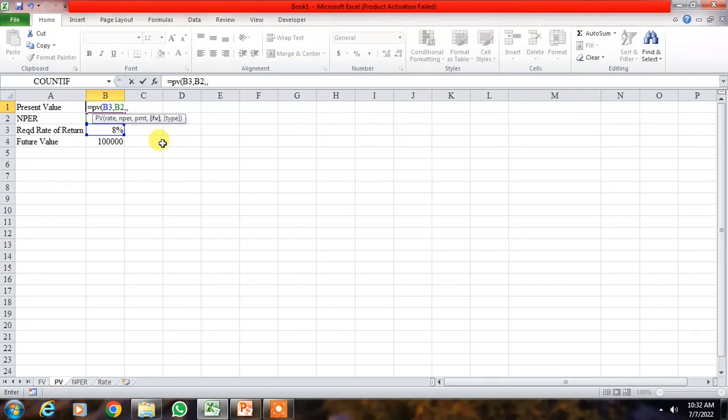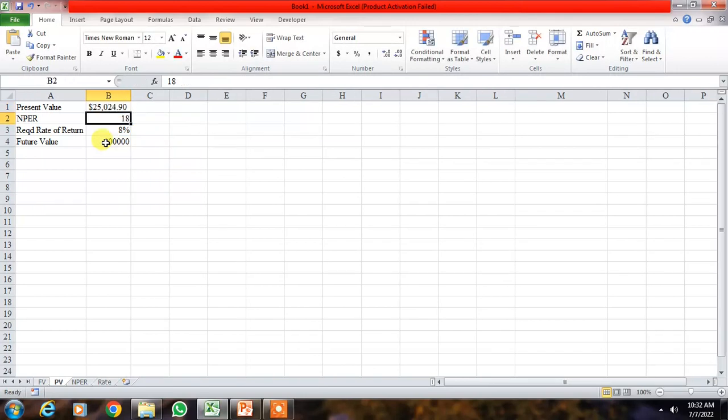Again, because we are ignoring the payment value. Now it is asking for a future value, so the future value is 100,000, and at last it is again asking for the type of the payment, which is by the end of each year. For by the end of the year we select 0, and enter it.